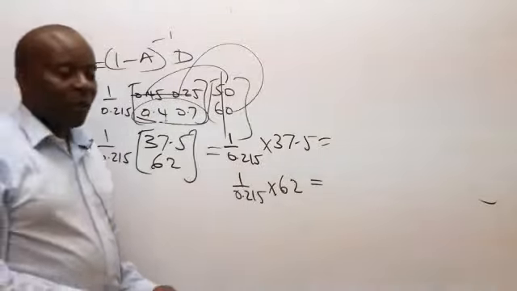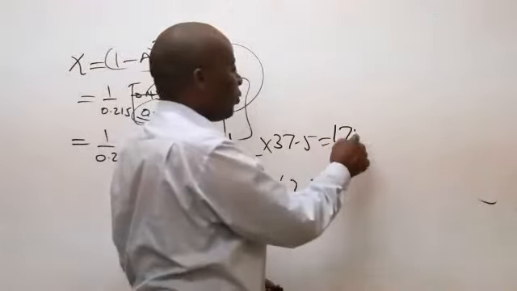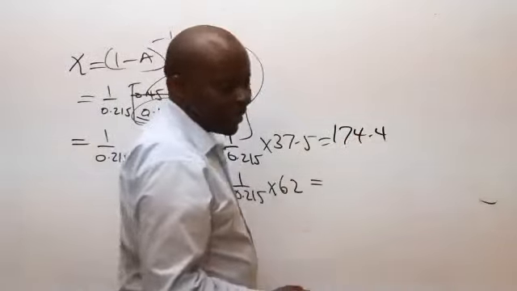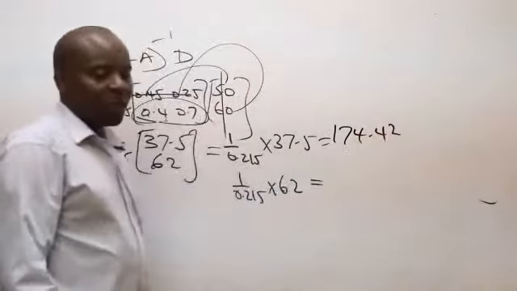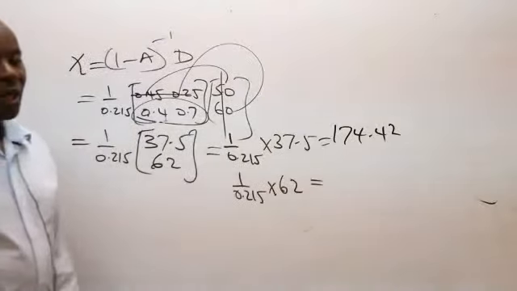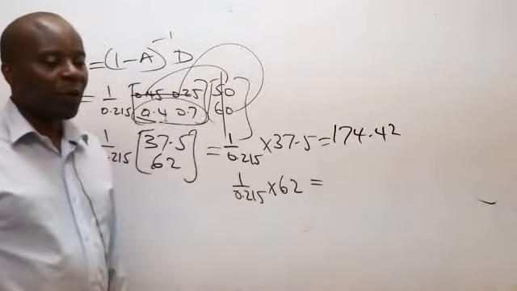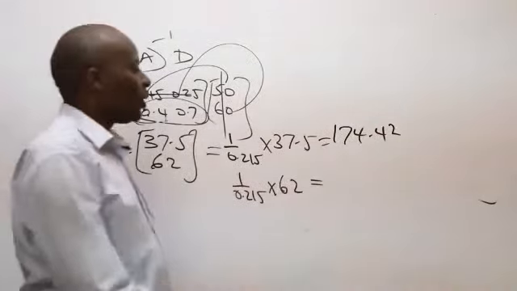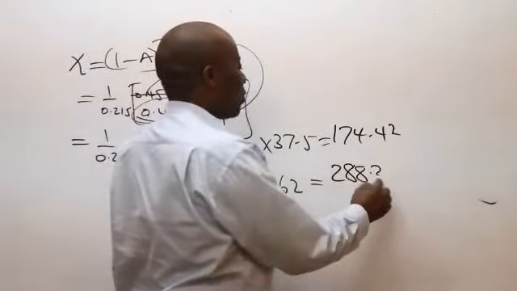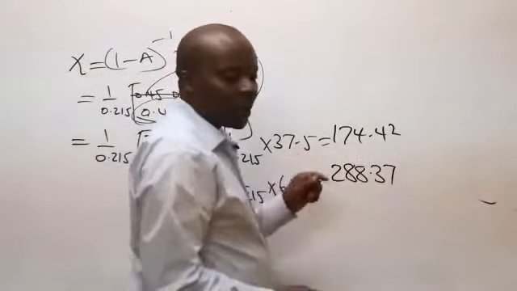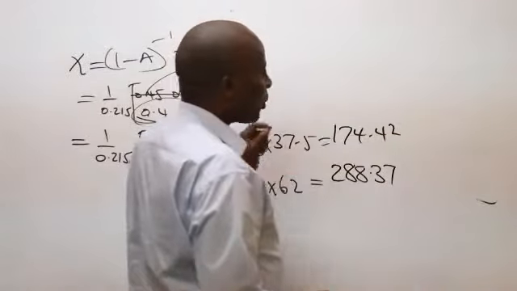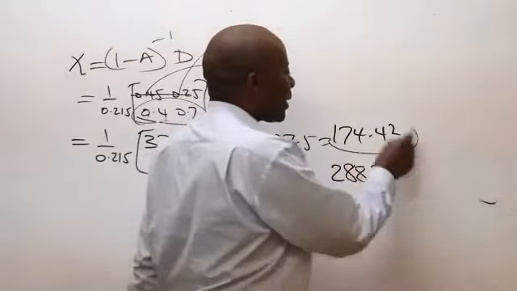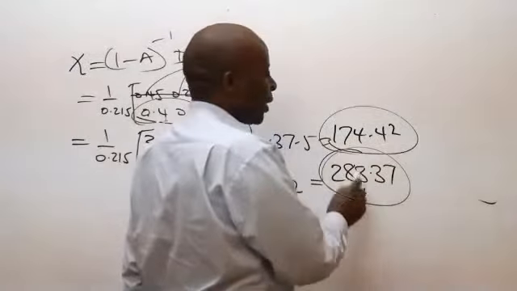According to the calculation, the first one should be 174.42, and then the second one, 288.37. So it means that for these two sectors, for them to be able to satisfy total demand, they must endeavor to produce these outputs.